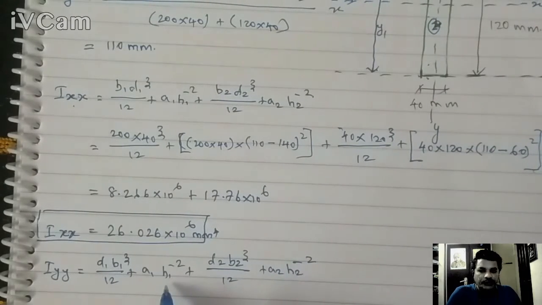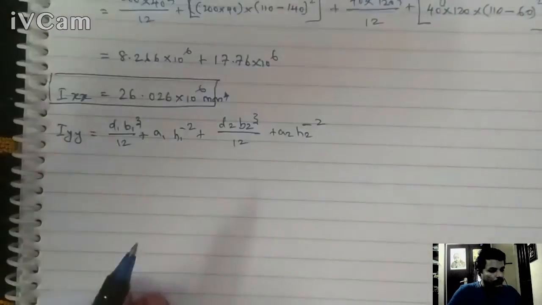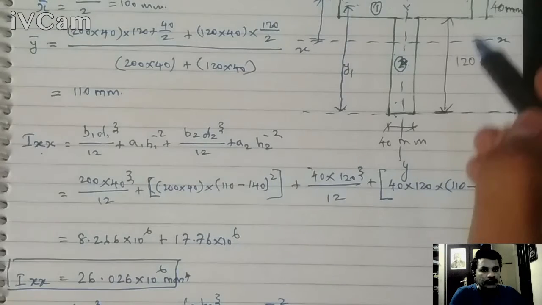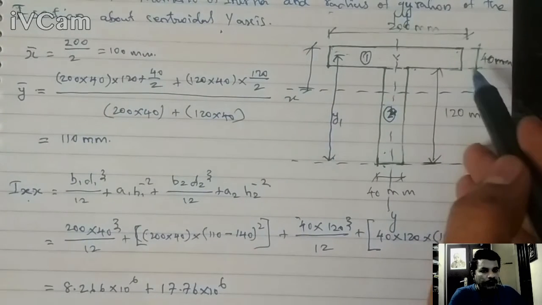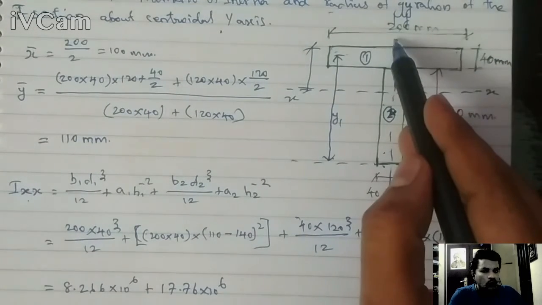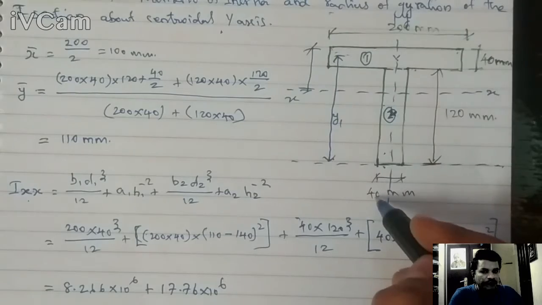So here H1 bar is x bar minus x1, H2 bar is x bar minus x2. So D1 is 40 mm, B1 is 200 mm, D2 is 120 mm, B2 is 40 mm.